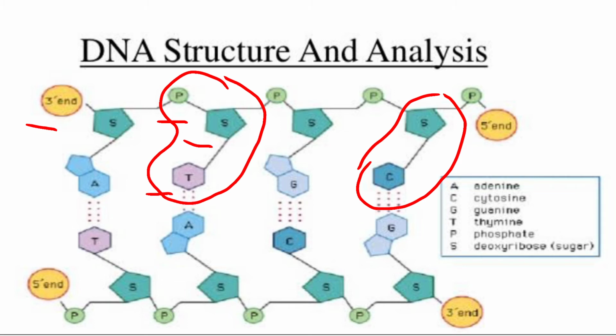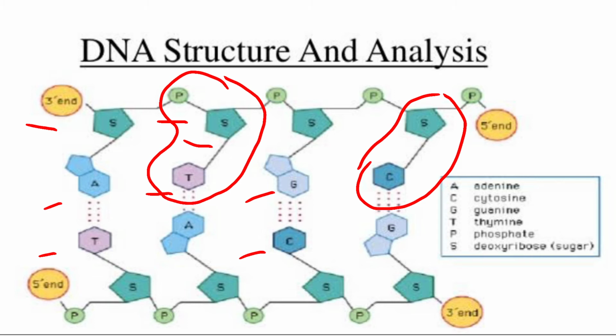Now the nitrogen bases are adenine, thymine, guanine and cytosine in DNA. In RNA, instead of thymine, uracil is present. And remember, guanine and adenine are purines, and thymine and cytosine are pyrimidines.